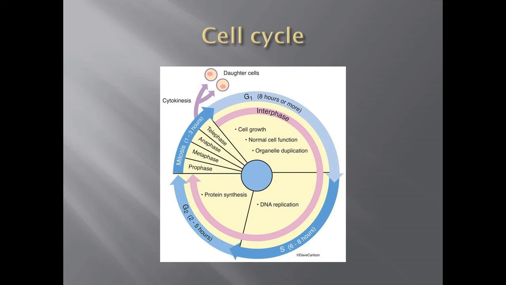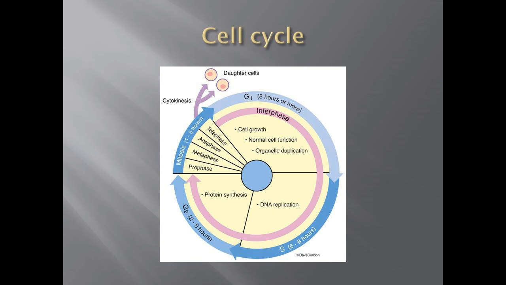Now come to the G2 phase. In G2 phase, the cell will also grow in size, and in this phase the cell will also produce some protein, but that protein will be different from the protein produced in the G1 phase.